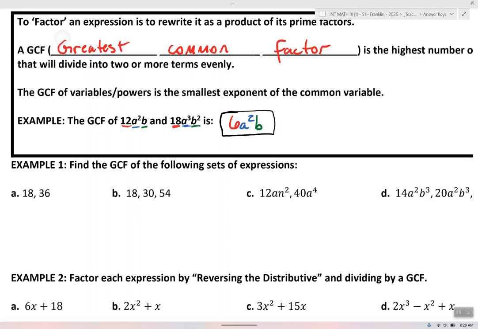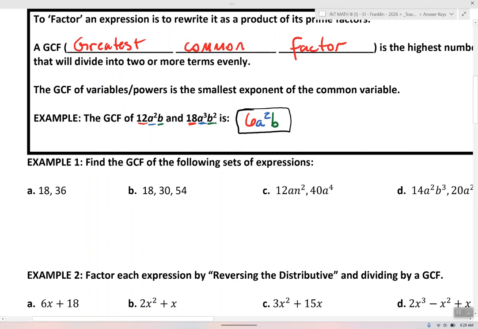If you're not sure, you can do a factor tree or hedging, where you take both numbers, 18 and 36, and divide them by prime numbers. We can divide them both by 3, and we get 6 and 12. Divide them both by 3 again, we get 2 and 4.